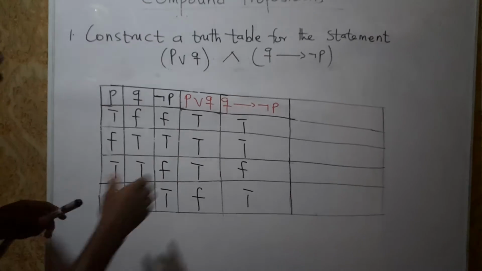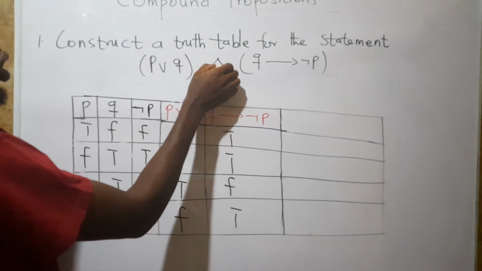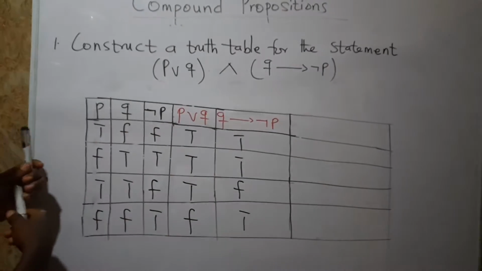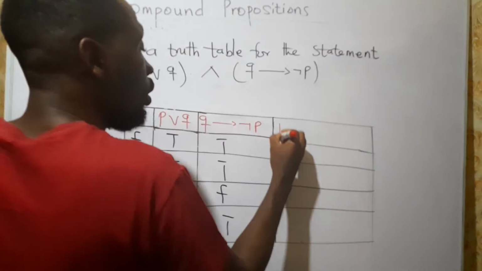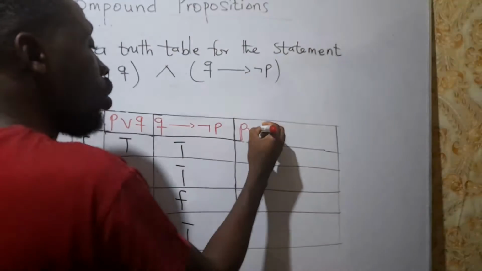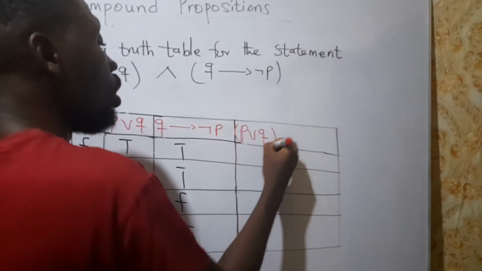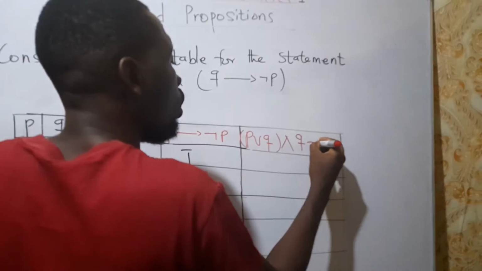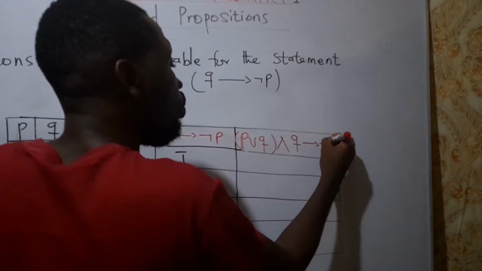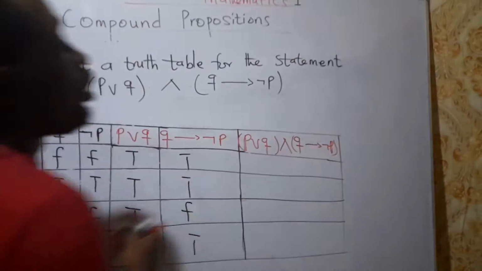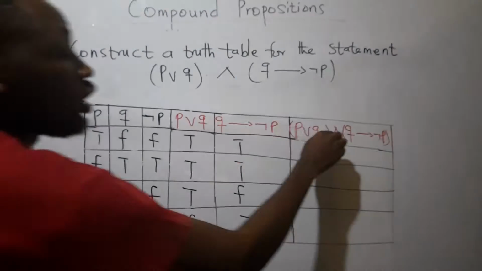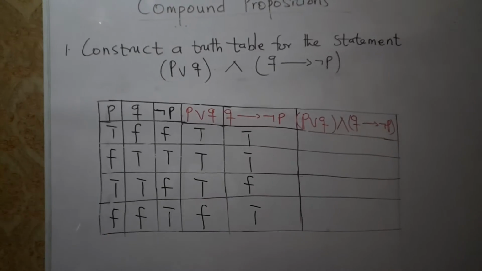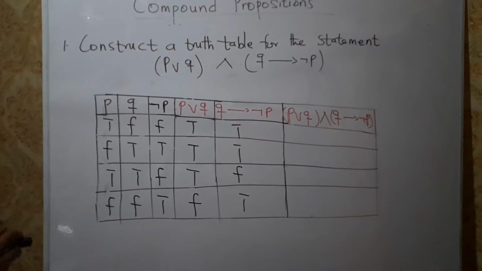Remember that. So now that we have this and this, we can conjunct them. That's, we can combine the two using the conjunction statement. So that's P, the biconditional Q, then conjunction Q, conditional negative P, like that. Remember, a conjunction statement is true when both statements are true and false otherwise.